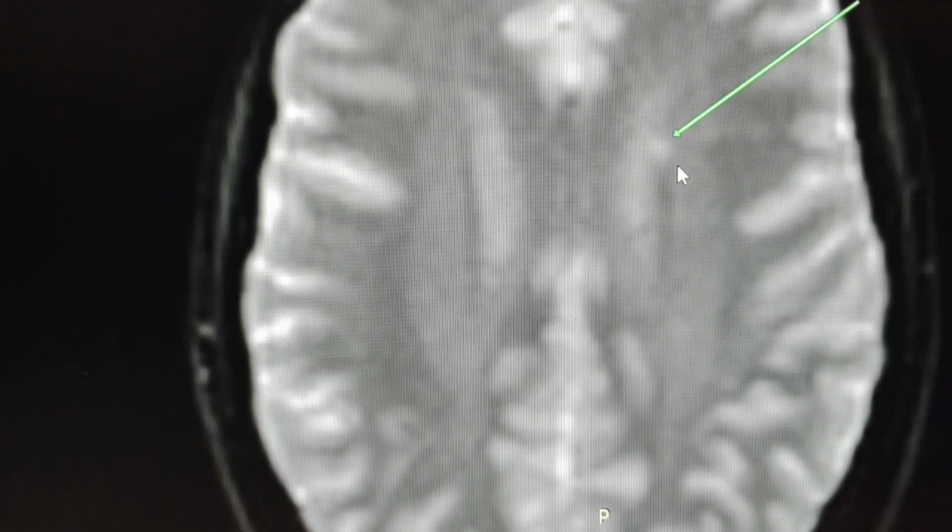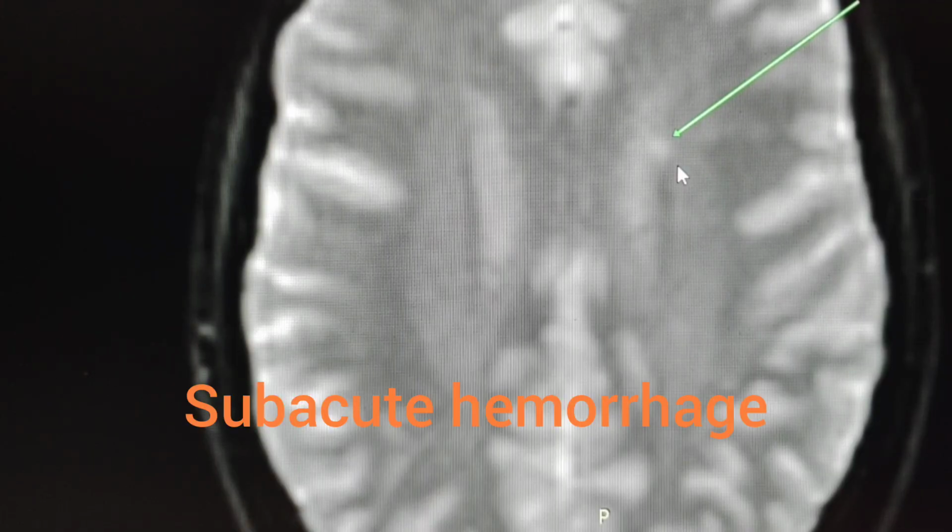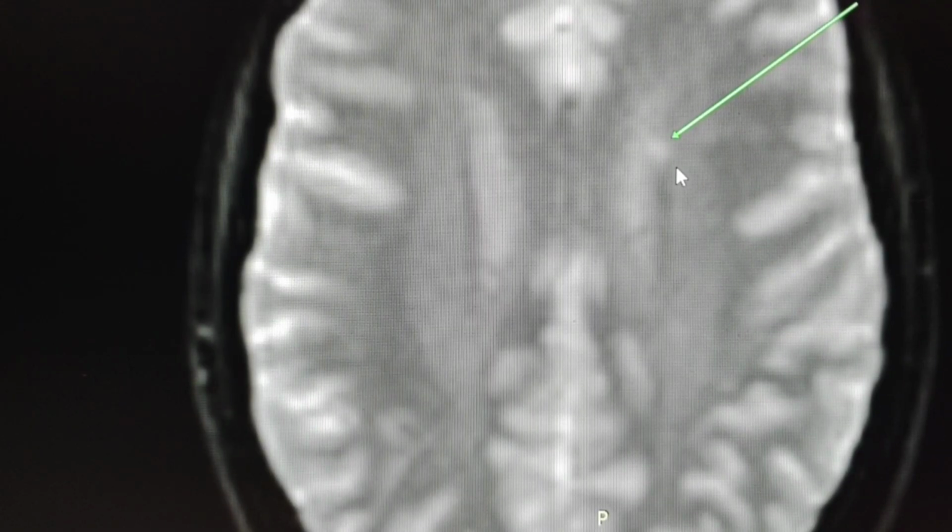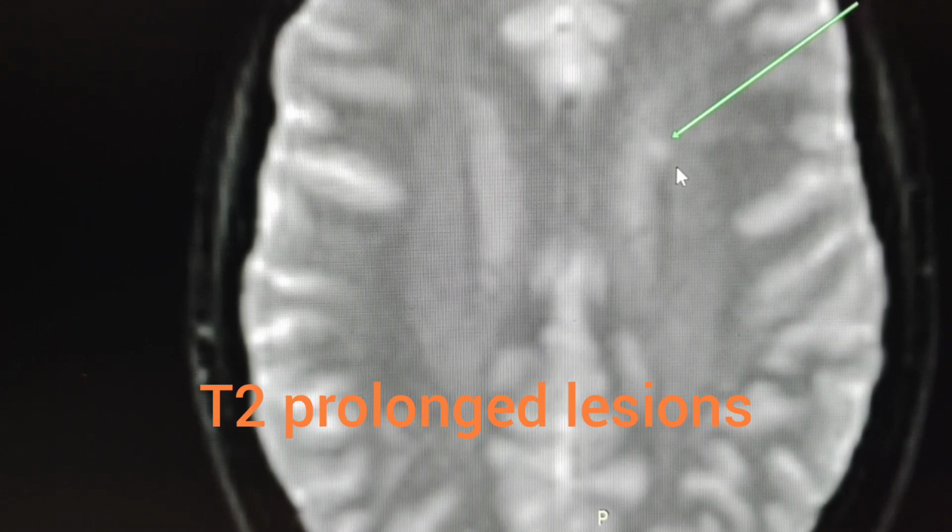Another explanation could be a subacute hemorrhage, blood products that cause brightness across multiple sequences. Finally, another explanation could be T2 prolonged lesions like cysts, demyelination, MS, slow flow vascular malformation, and some others.